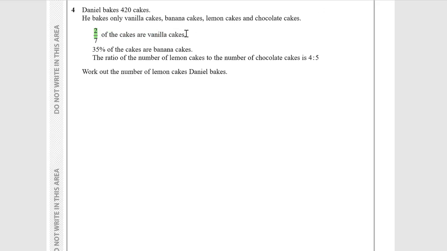Sometimes it doesn't want to highlight. Okay, well, we know that 35% are banana cakes, and the ratio of lemon cakes to chocolate cakes is 4 to 5. And so the question is, work out the number of lemon cakes Daniel baked.